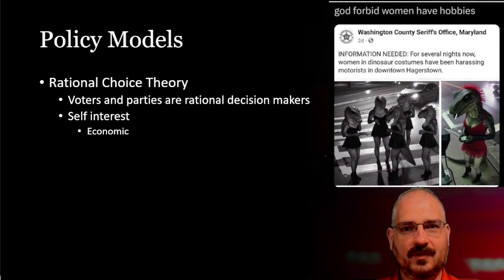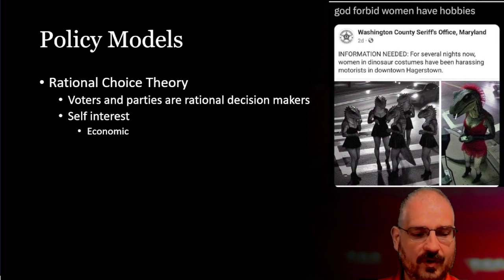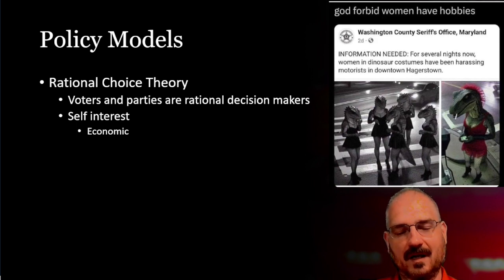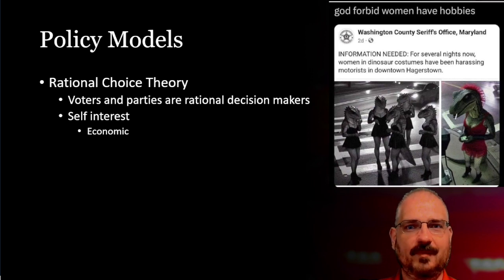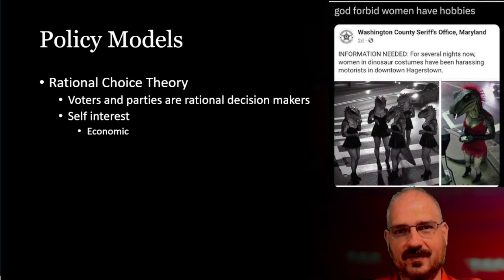This theory says that all voters, policy advocates, political party leaders, politicians, legislators, and presidents are rational decision makers. They are going to determine what is in their self-interest, what is best for me, and use that to make decisions about policy: what to pass, what to block, what to vote for, what to vote against.